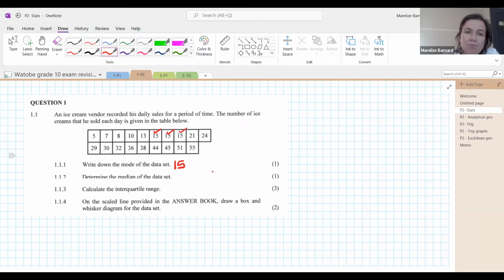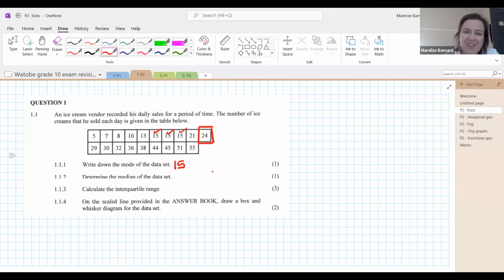Now determine the median of the data set. What is the median? Did anyone manage to figure that out? Sibabali says 24. Hartis also says 24. Yes, that's right. The median is the middle number, and they've made it nice and easy for us to do that.